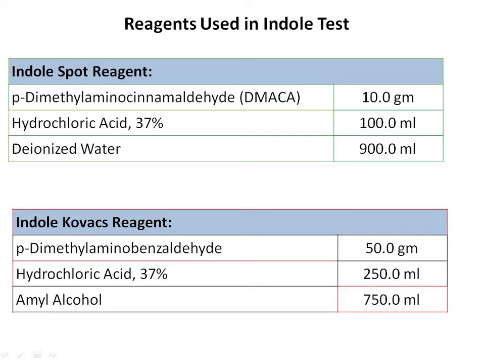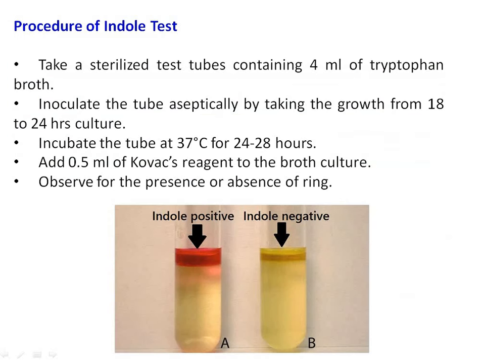On the other hand, indole Kovac reagent includes p-dimethylamino-benzaldehyde, hydrochloric acid and amyl alcohol. So these two reagents, indole spot reagent and indole Kovac reagent, are generally used in the indole test.